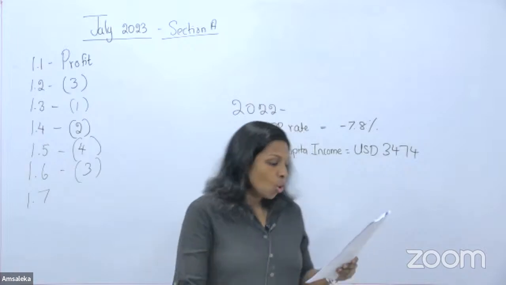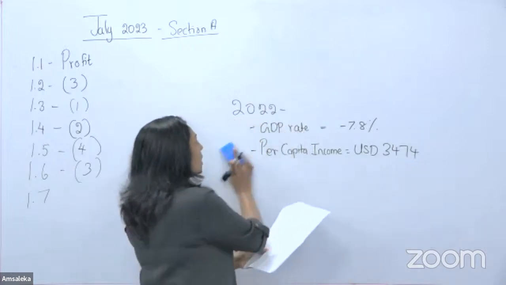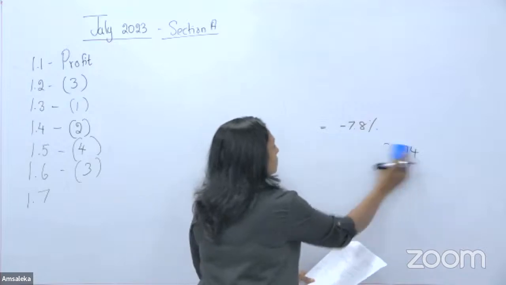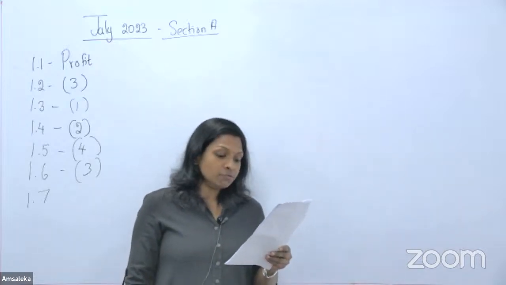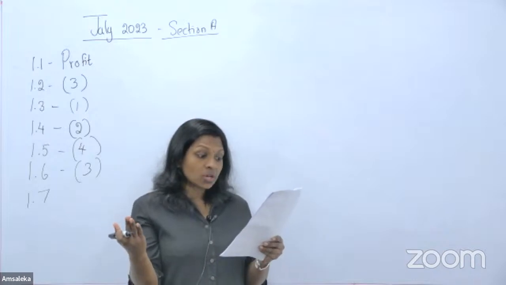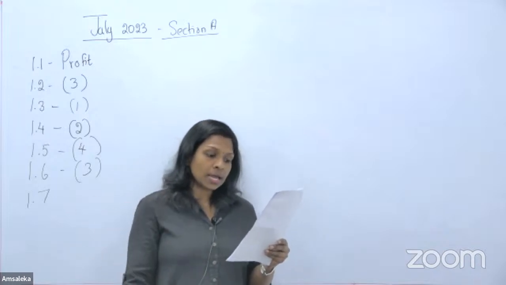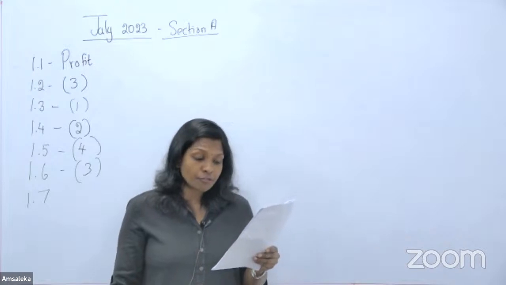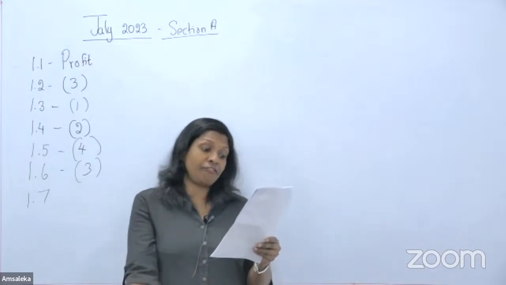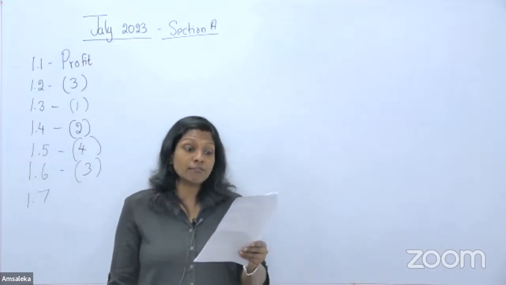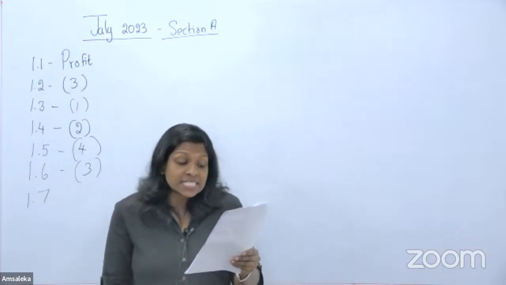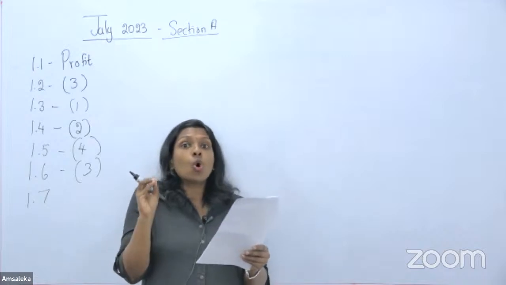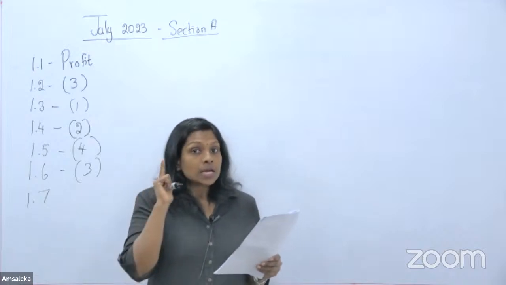Okay, next one, movement of the supply curve. Movement of the supply curve to the right, shift to the right, as a result of a change in any factor that influences the supply of a commodity except the price of the own commodity.